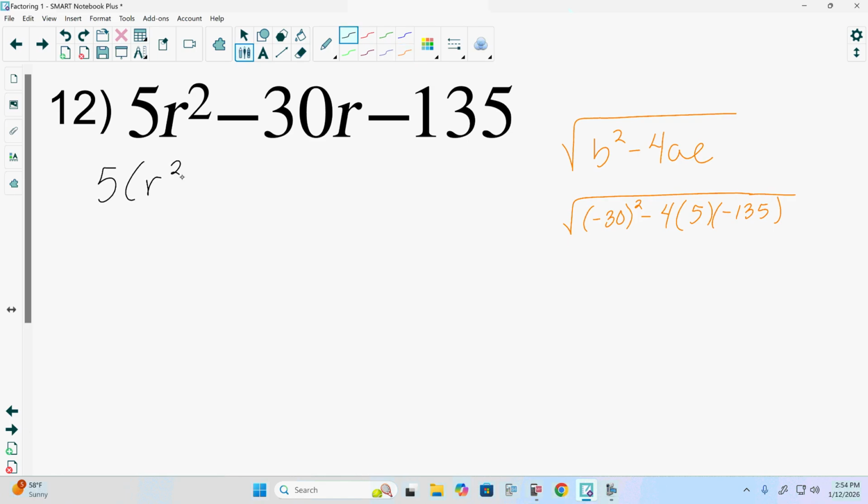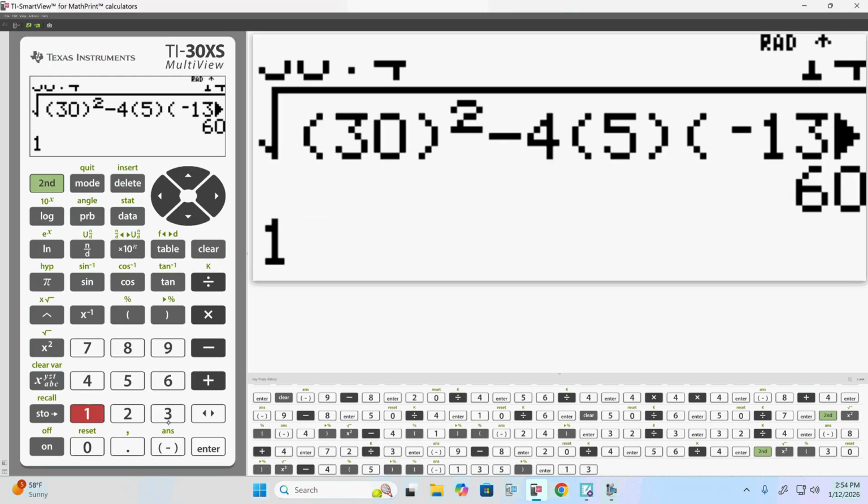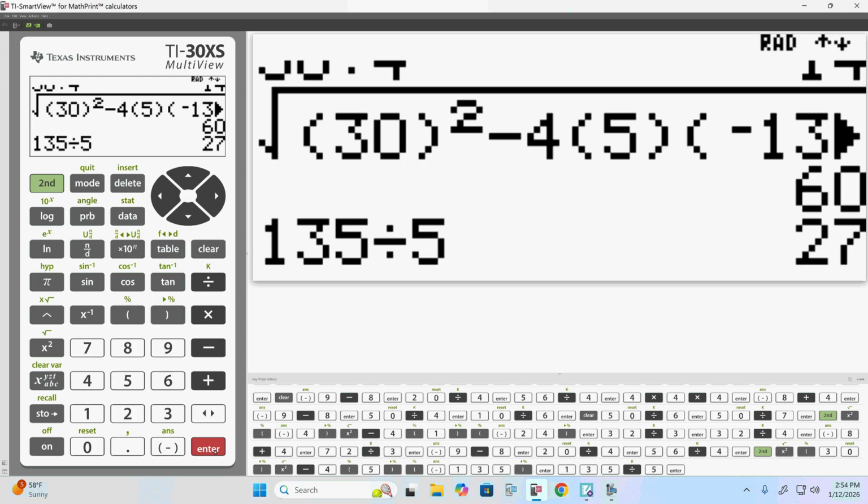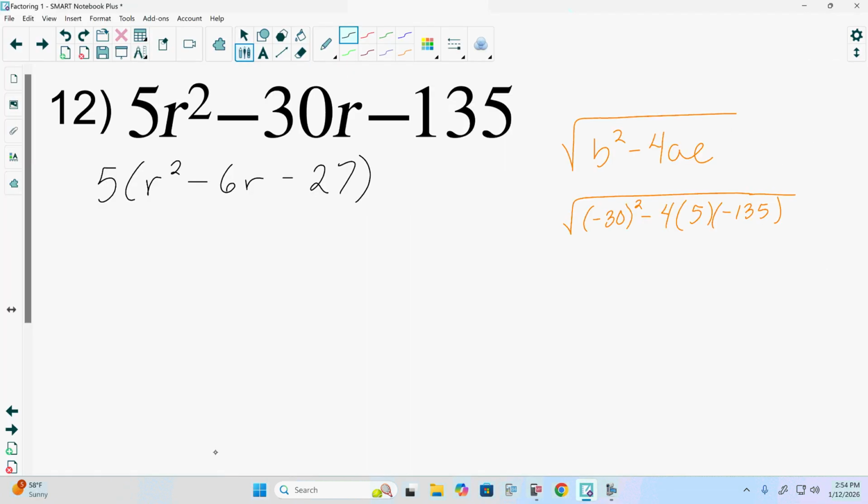And the first thing I would do is factor out the 5. 135 divided by 5 is 27. Since the third term is negative, our signs are opposite.